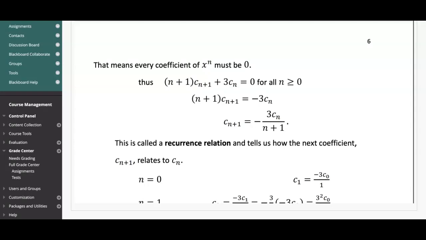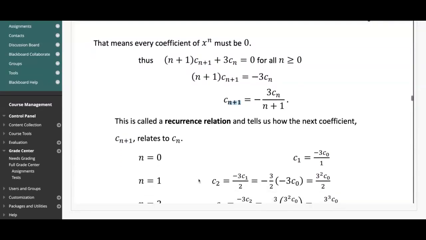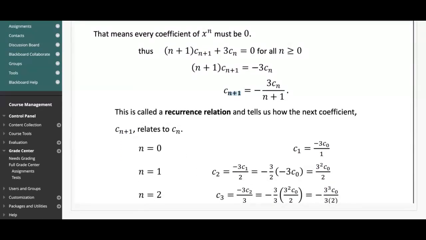So we see clearly the relationship between the current term and the previous term, or the term and the next term. Obviously, this is a recurrence relation. c_n represents any term, n plus 1 representing the next term. So if we know the n term, we know the n plus 1 term just by calculation.